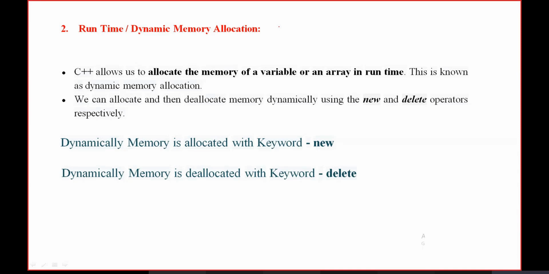In order to use dynamic memory allocation in C++, we have the keywords new and delete. The new keyword is used to allocate some space, and the delete keyword will obviously relinquish or deallocate the space which was allocated by the new keyword.